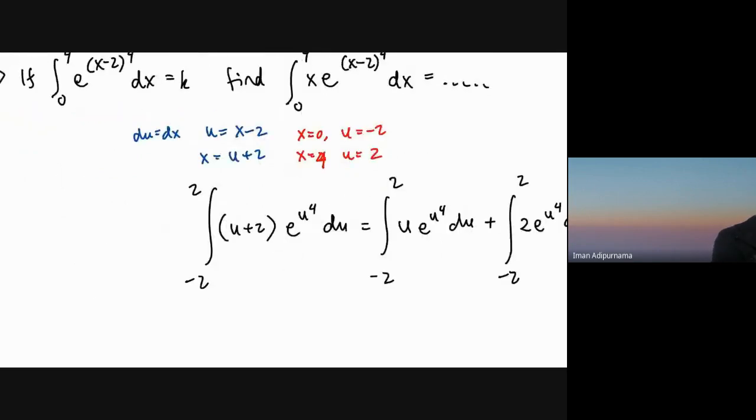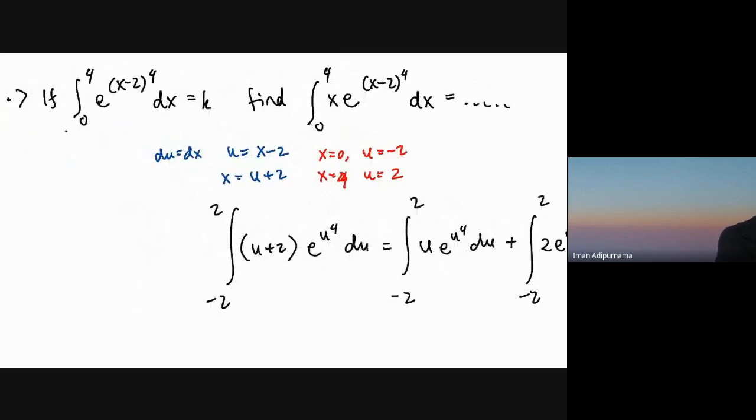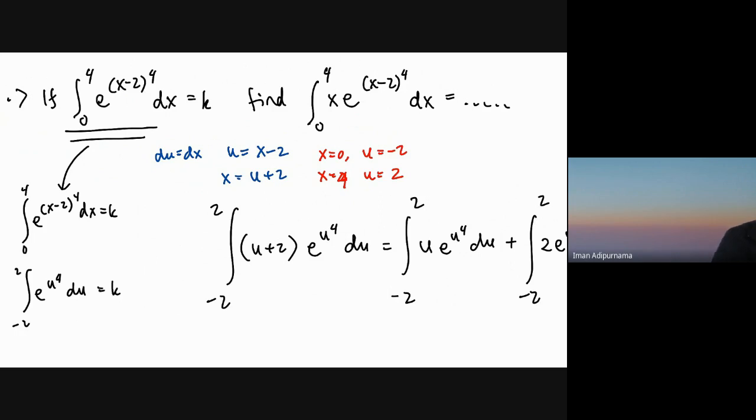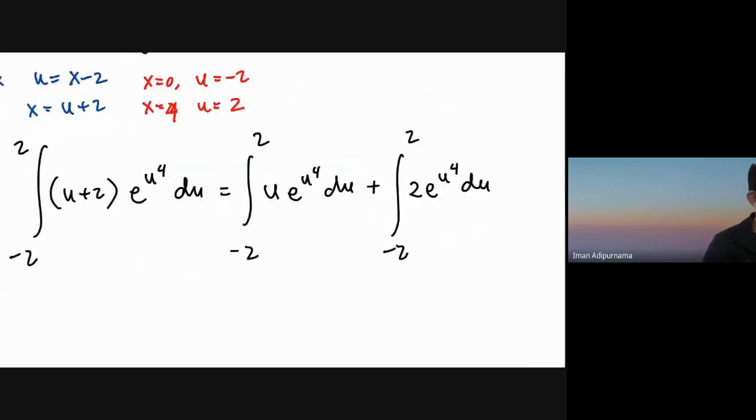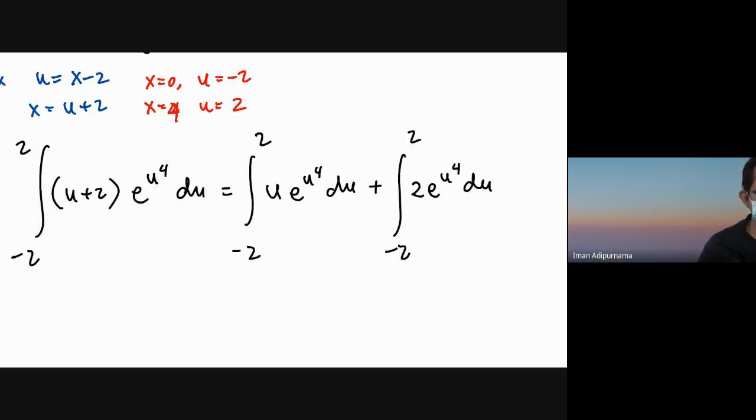And remember that we have this is k, right? Let me write here. The integral of e to the u to the fourth du from negative 2 to 2 is k, so this will be 2k.